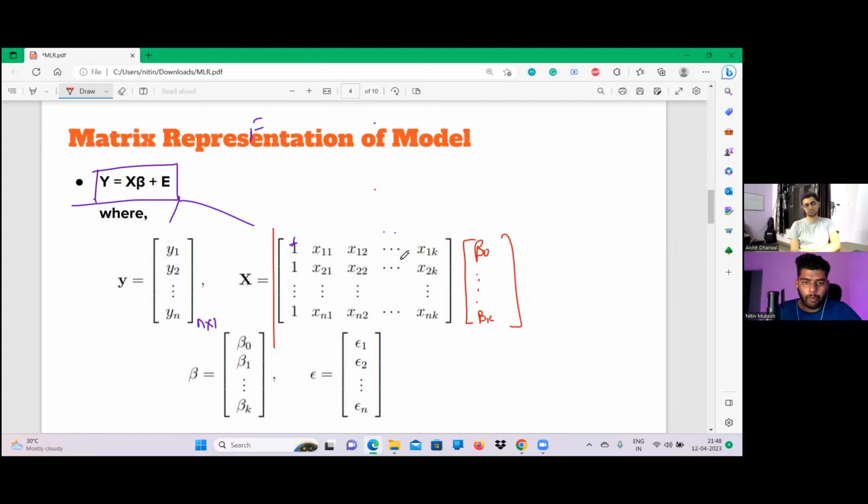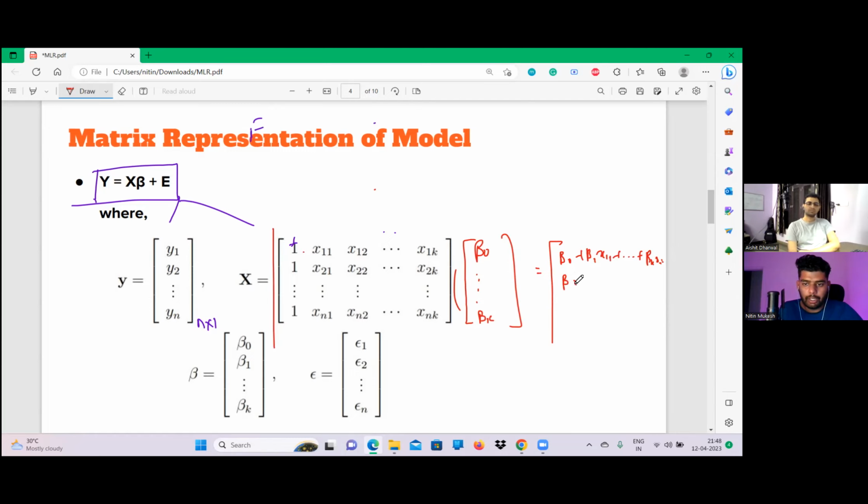If you multiply this, multiplication in the matrix goes like this, each row will be multiplied with this vector. So the result will be beta naught plus beta 1 x11 plus similarly beta k x1k.